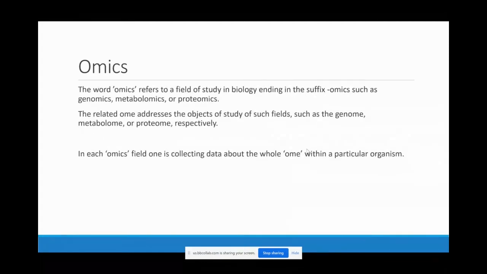So for example, anything that ends in omics is just the study in biology of the whole system of that thing. So genomics is all of the genes. There's also metabolomics or proteomics. Again, it is any of those fields respectively where you're studying the whole data of that particular system or organism.